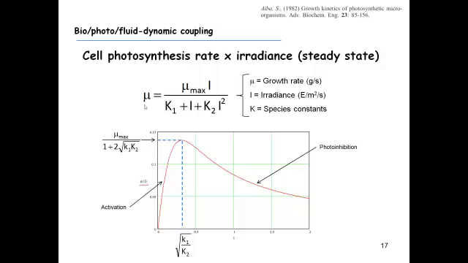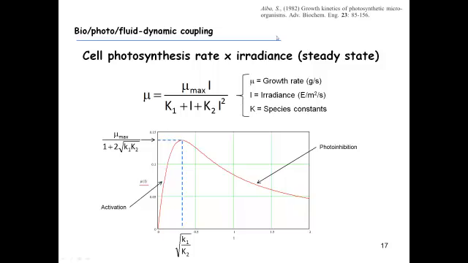So let us look into some details of what this coupling would be. First of all, the so-called photosynthesis rate as a function of the irradiance: how the intensity of light affects the photosynthetic rate.